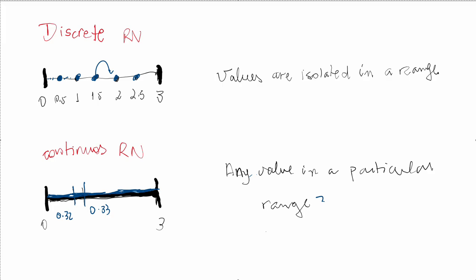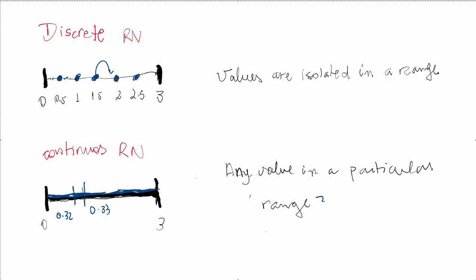these values can be discrete or continuous. So what is a discrete value? It means that the values assigned to my outcomes are isolated in a range. A discrete value or variable is the one that can assume only specific points in a range.